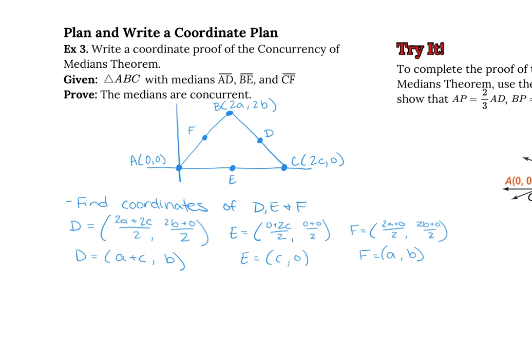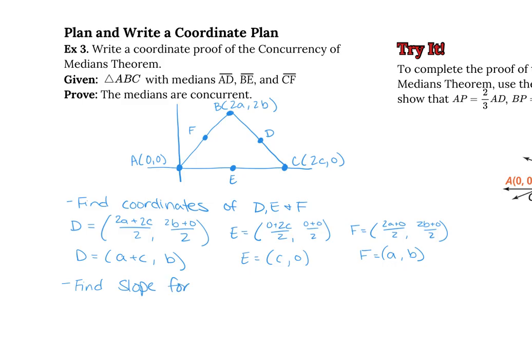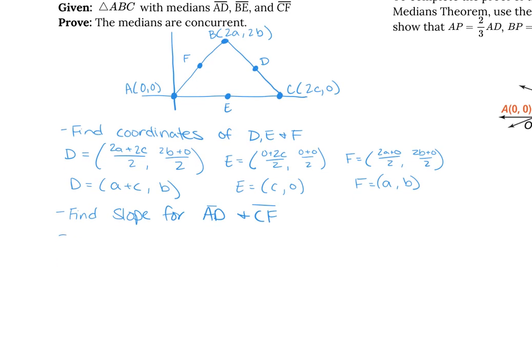All right, so we found our midpoints. Now we want to find the slopes for AD and CF. Okay, my slope for AD, b minus 0 over a plus c minus 0. So that's going to simplify down to b over a plus c.